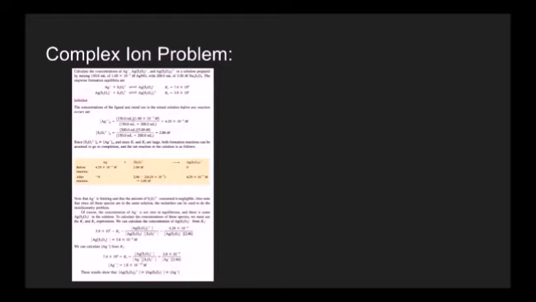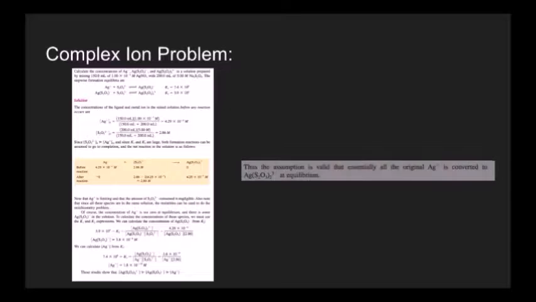Complex ion problem. Calculate the concentrations of Ag+, Ag(S2O3)-, and Ag(S2O3)2 3- in a solution prepared by mixing 150 milliliters of 0.001 molarity AgNO3 with 200 milliliters of 5 molarity Na2S2O3. So first, you want to see that the K1 and K2 constants are relatively high.